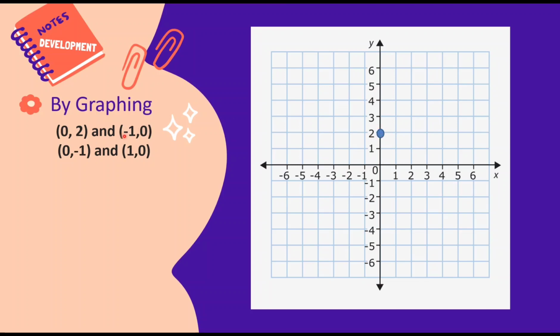The next ordered pair, we have negative 1 and 0. So, from the origin, syempre, negative 1 ang ating x. So, is it going to the right or going to the left? Exactly. We need to go to the left kasi ang ating x ay negative. So, from the origin, we have 1 unit.